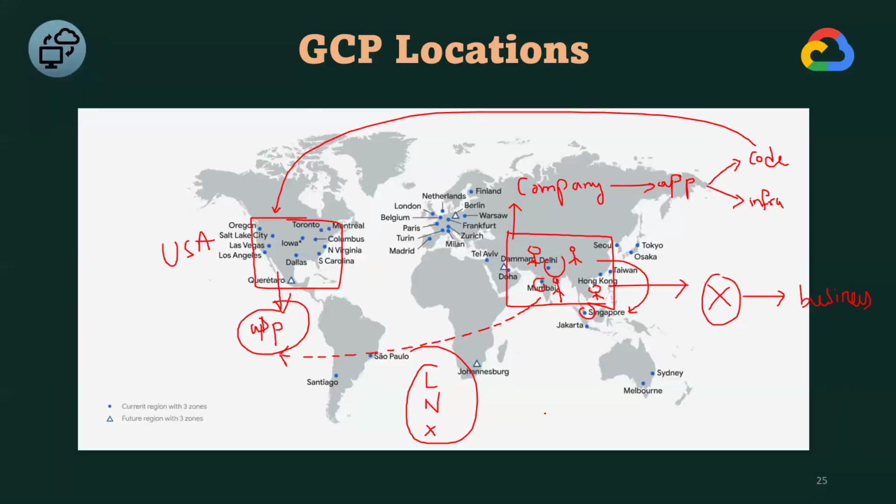So this is what our first point says. Whenever we want to create or deploy any resource in GCP, try to create the resources near your target users or customers. Select a region or zone near your target users for application deployment.